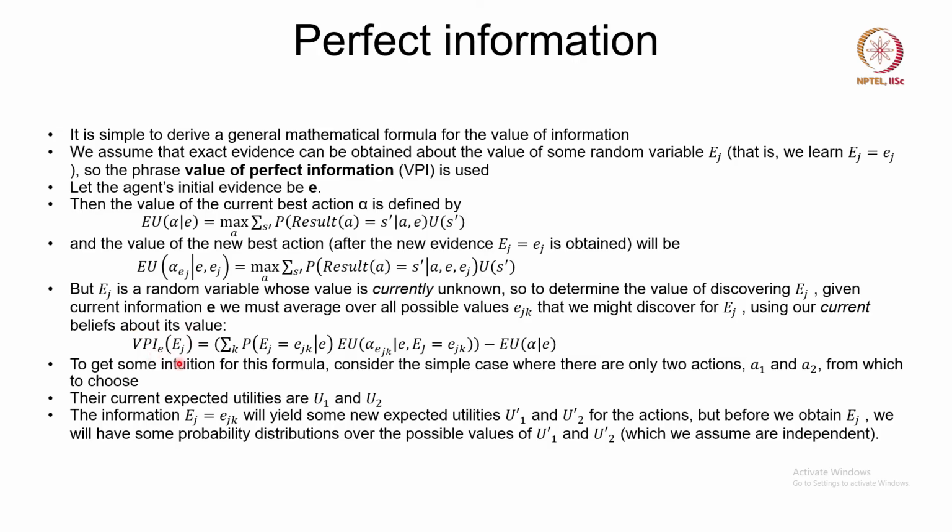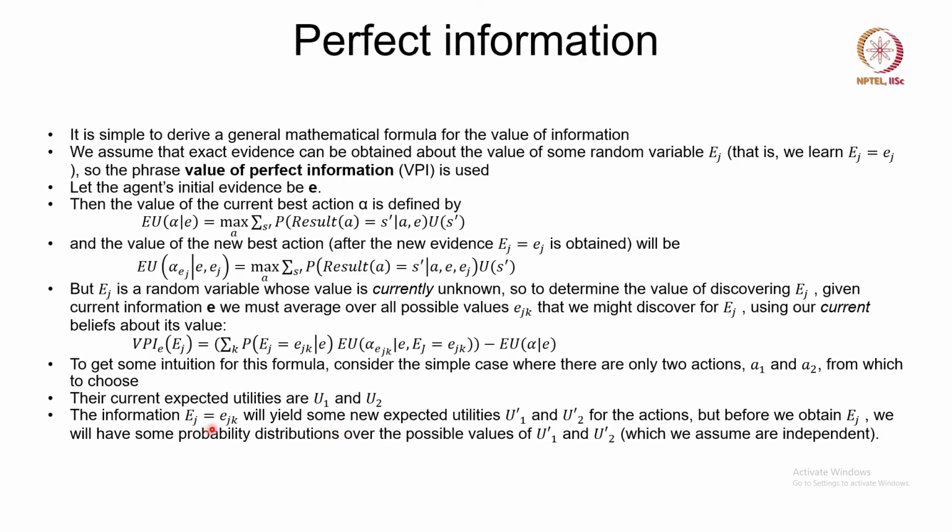So the value VPI of the new evidence EJ is equal to the sum over the probability of EJ given the evidence E, times the difference between the expected utility of using EJ and the expected utility without using it. Okay, so this is called the value of perfect information.